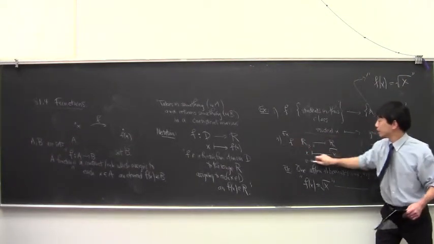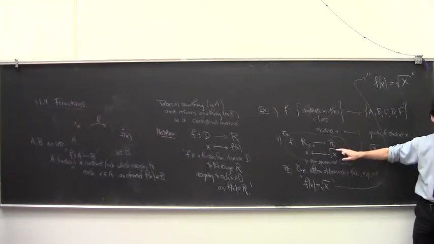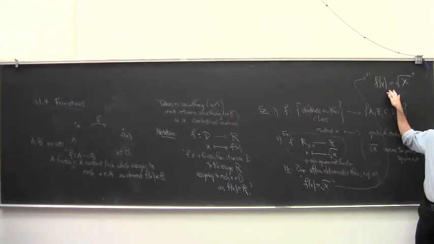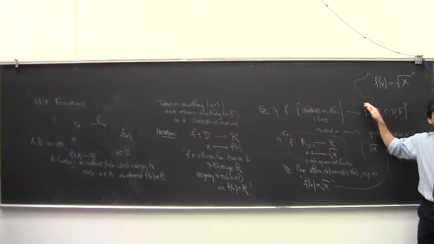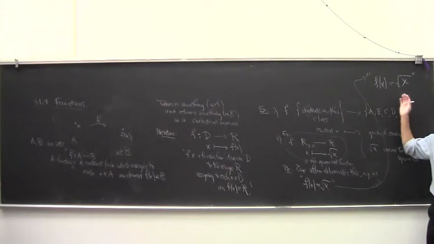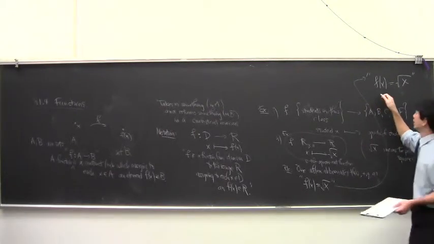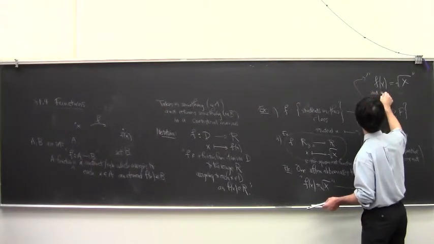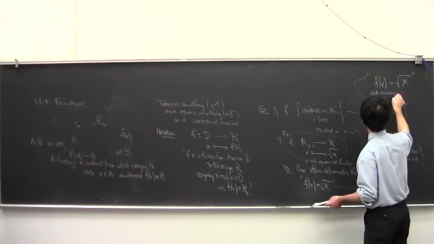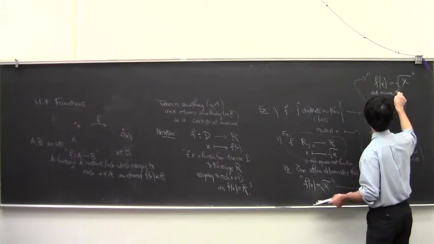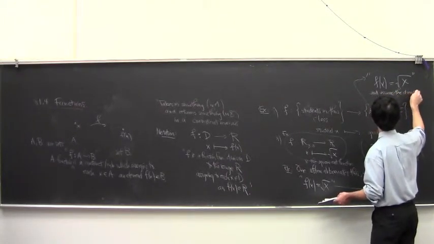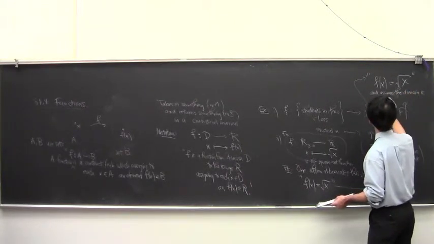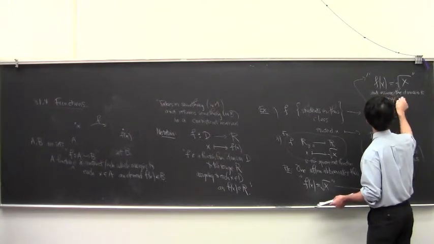Instead of writing this full-blown, detailed description, you just write this, and you assume that the domain is as large as possible. If you're in the back and can't see, at the very bottom I have this.